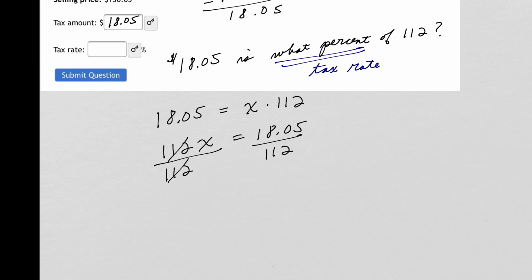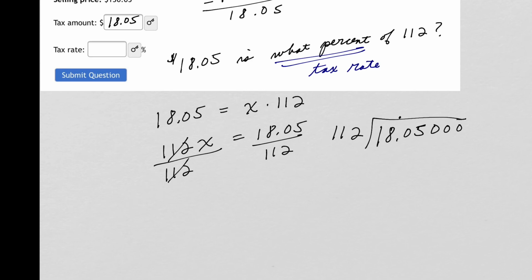So these will cancel. This might be a good time to check it with a calculator to make sure you didn't make any mistakes. I'm going to have to go to several places because I want to round this to the nearest hundredth of a percent. This is going to be a decimal when I find this answer, so I need to move it 2 places right to convert it to a percent. So I guess I need to go to like 5 decimal places in order to answer this correctly.